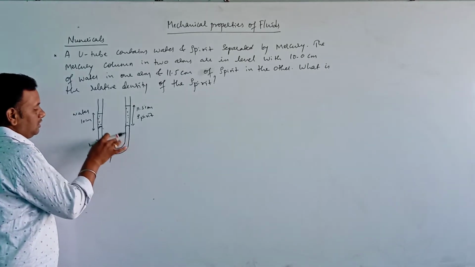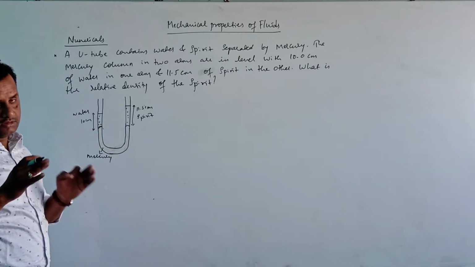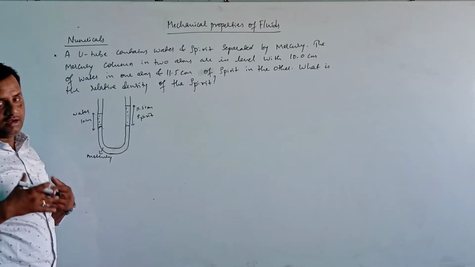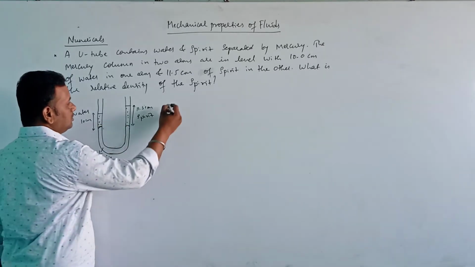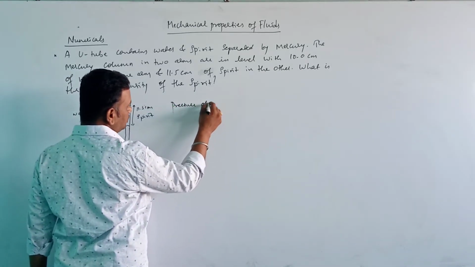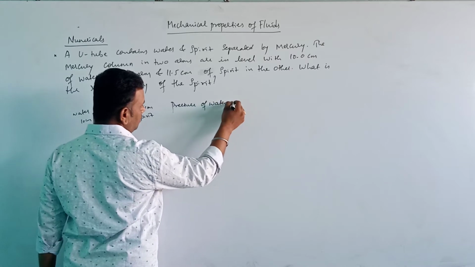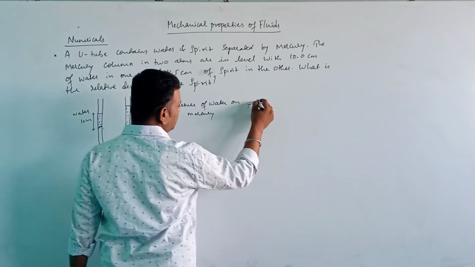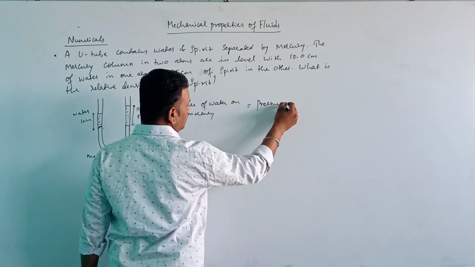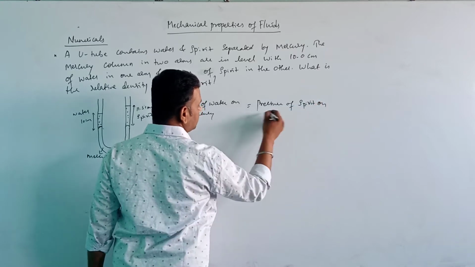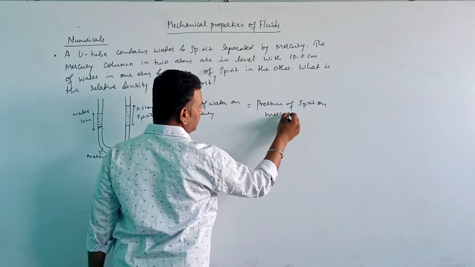Since the mercury in both the arms is in level, therefore the pressure of water on mercury is equal to the pressure of spirit on mercury, because mercury is in level here. So therefore the pressure of water on mercury and the pressure of spirit on mercury will be equal.